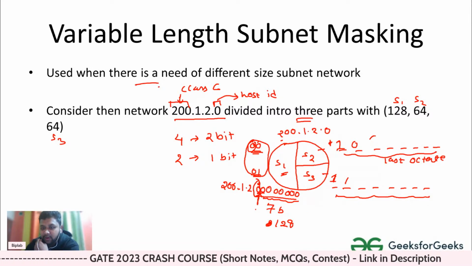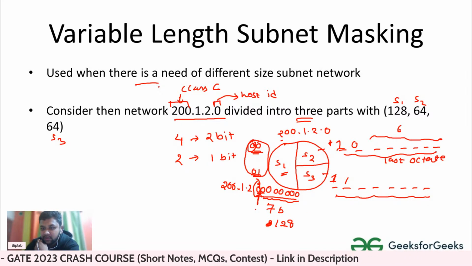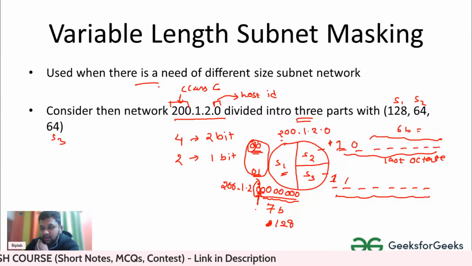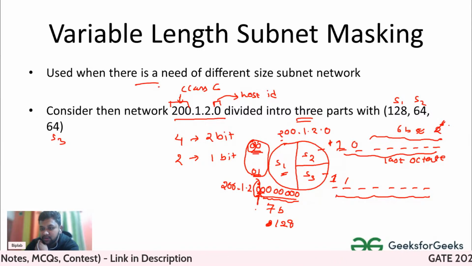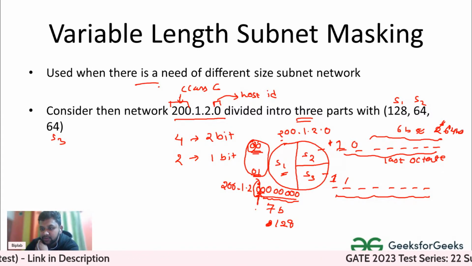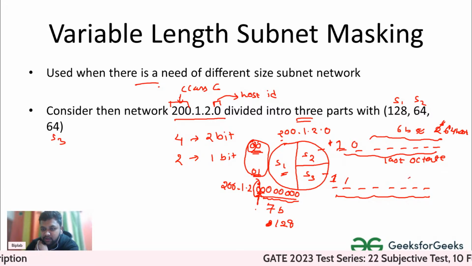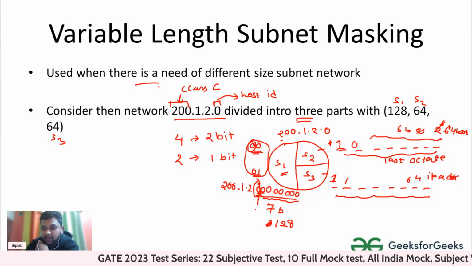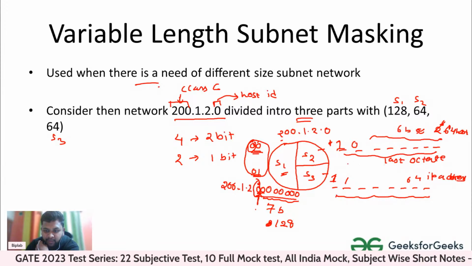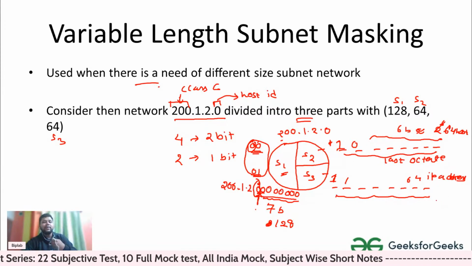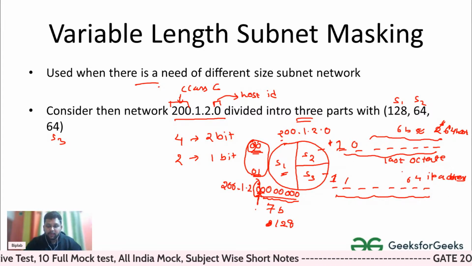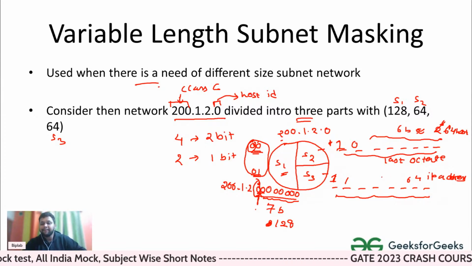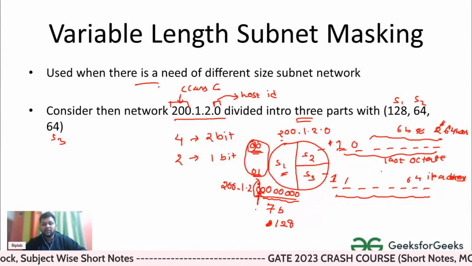Here you are left with 6 bits, which is 2 to the power 6, that is 64 hosts. 64 IP addresses. Here also you have 64 IP addresses. Now in the same way you can find out what will be the network ID and the broadcast ID for each subnet.